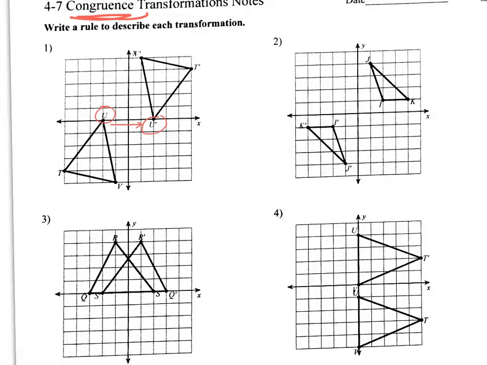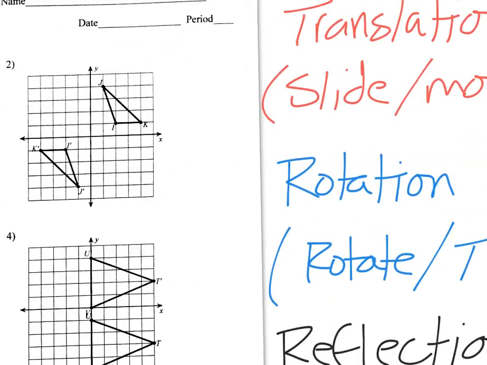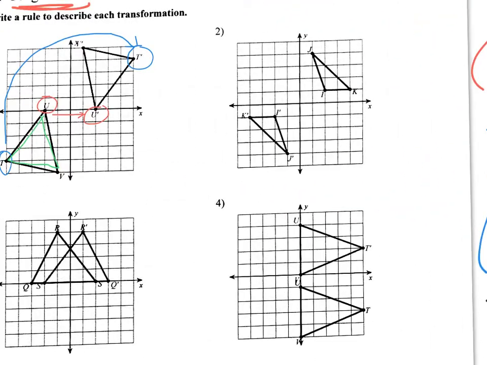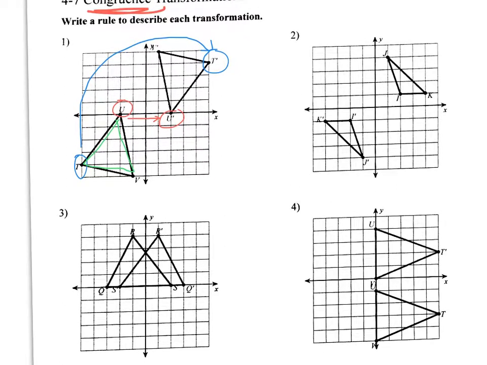However, if we go to the next point, say the point T, T prime is here. Well, that one has actually been turned. So if we think about it, this whole shape has been turned upside down. So we come back over here and look at which one's called a turn. That is called a rotation. So all we put here is that's a rotation.